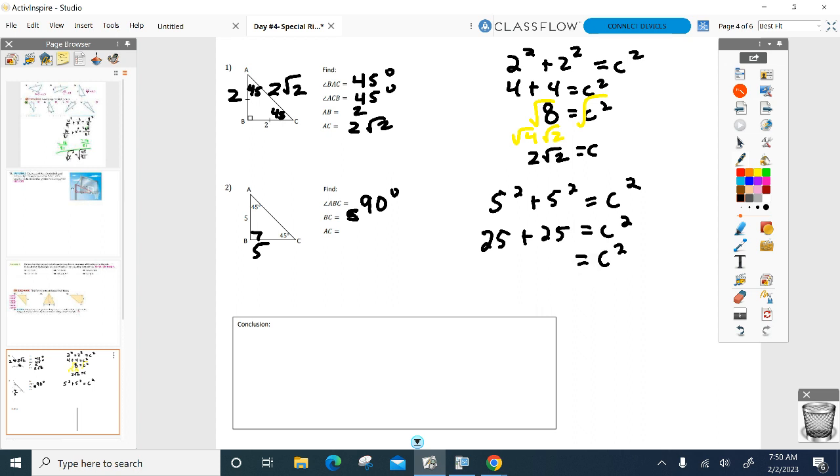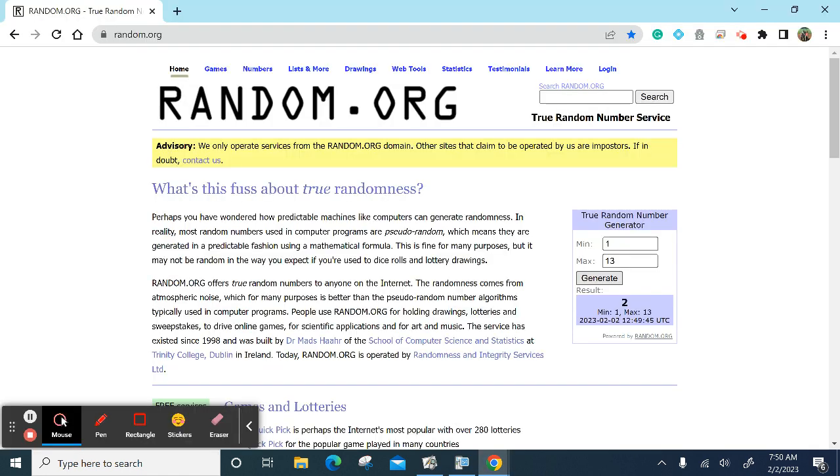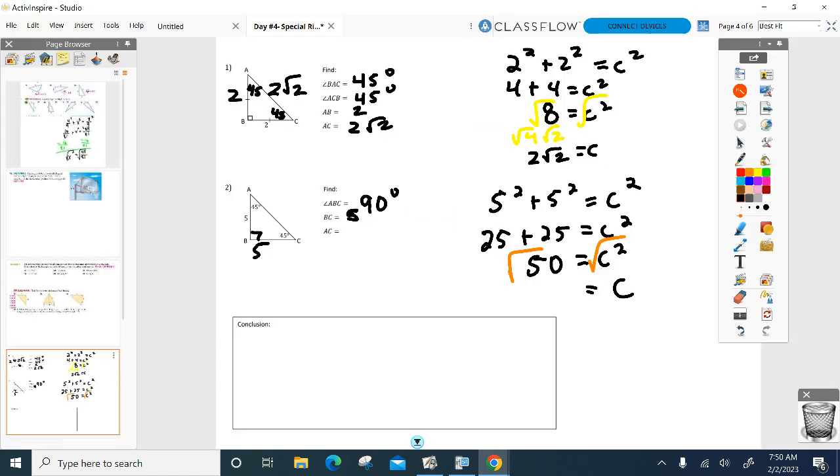C squared equals 50. Break that down. Break down square root of 50 for me. 5 radical 2. Oh, you didn't want to give me the decimal?